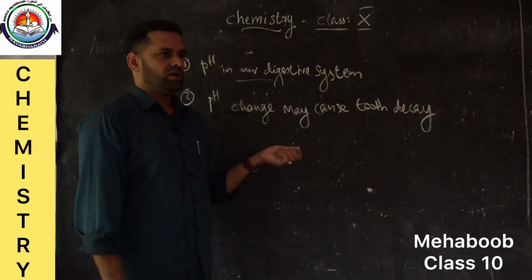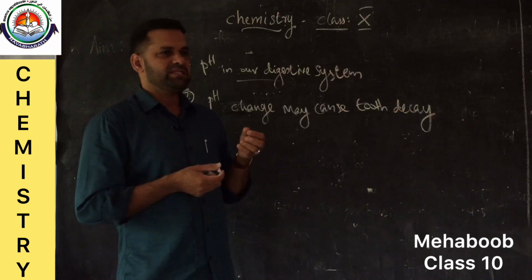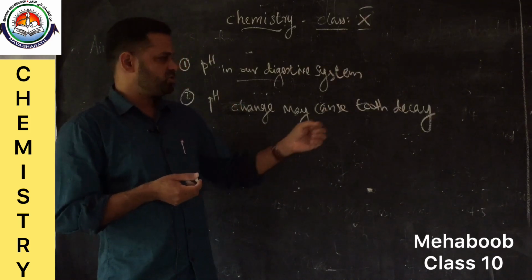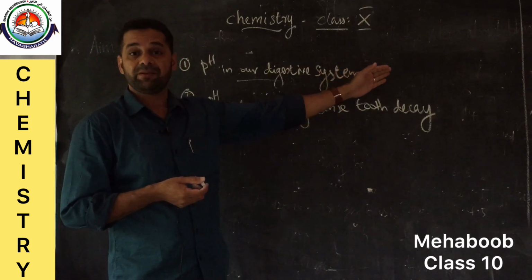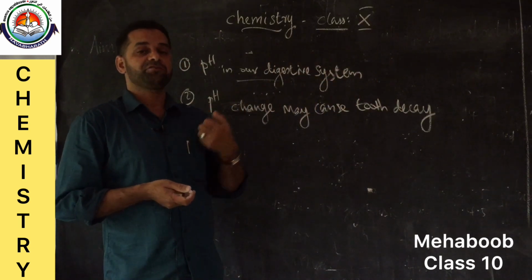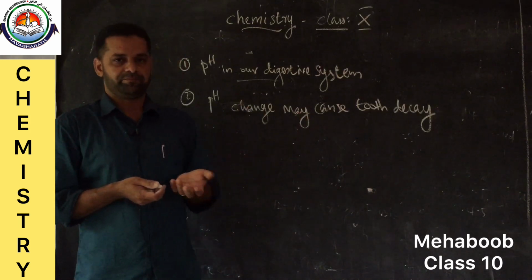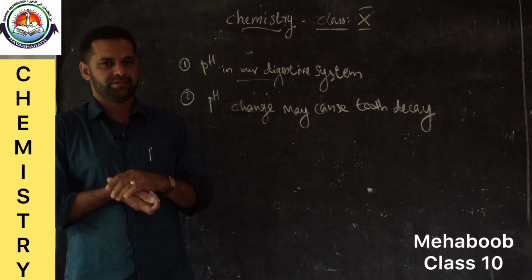We know our saliva, human saliva, is slightly basic in nature. I told you that its pH value is 7.5 before a meal, but after having food, the pH changes. It may change to 6.5, which means it becomes acidic in nature.